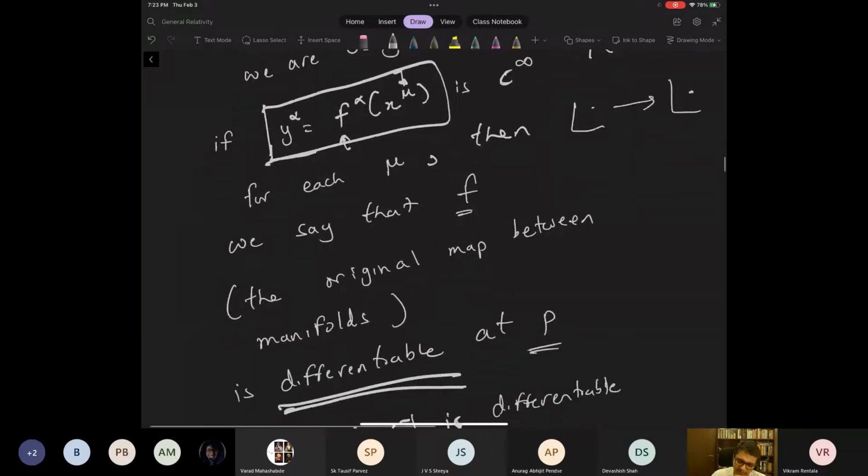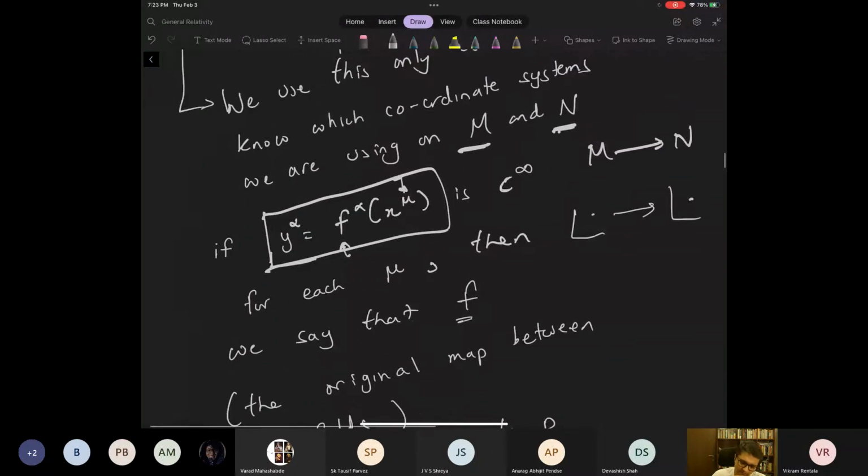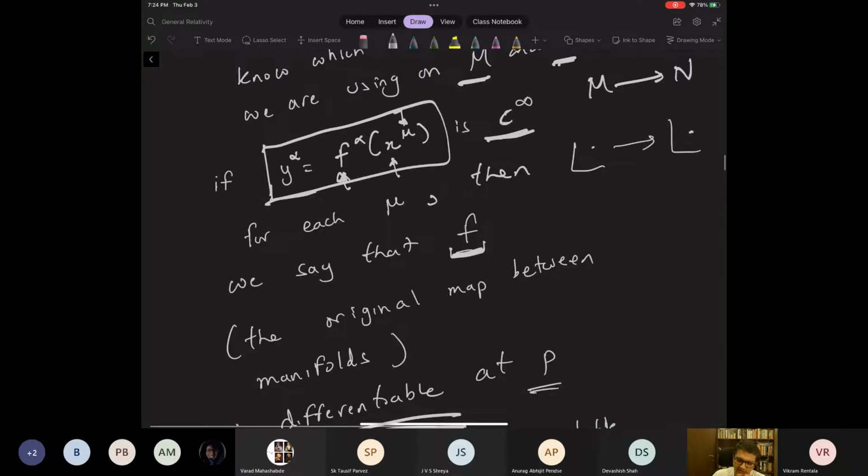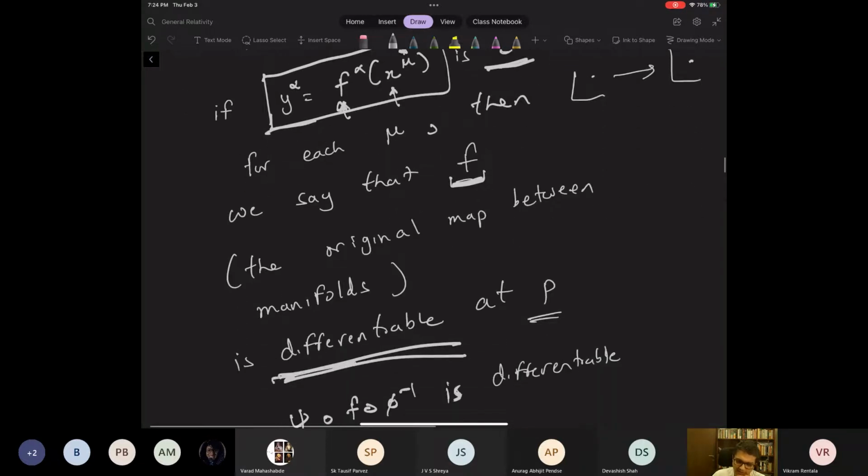If these functions are C infinity, that is, they can be differentiated an infinite number of times with respect to each of these x mu's, then we say that the function f is differentiable at the point P.